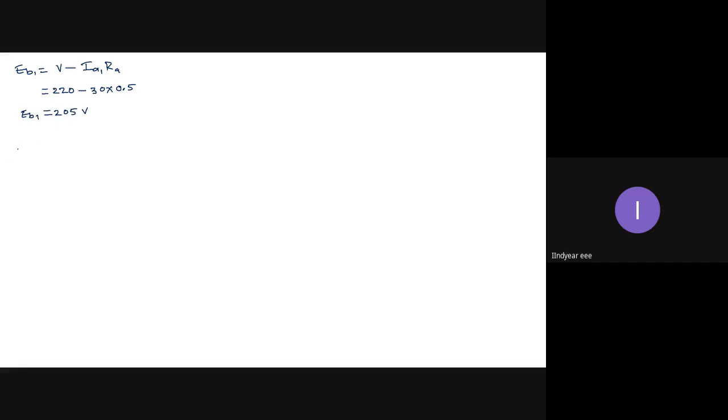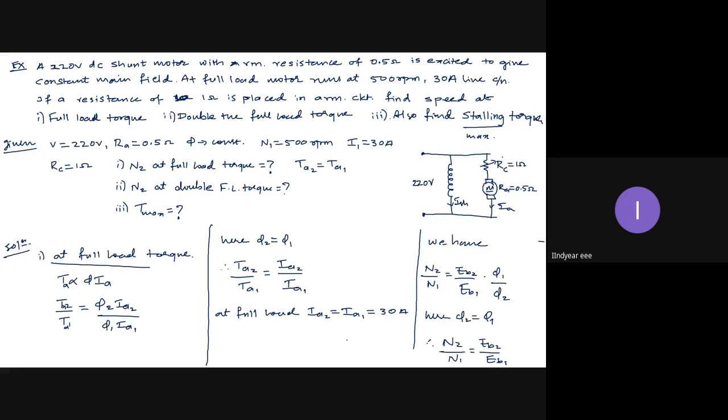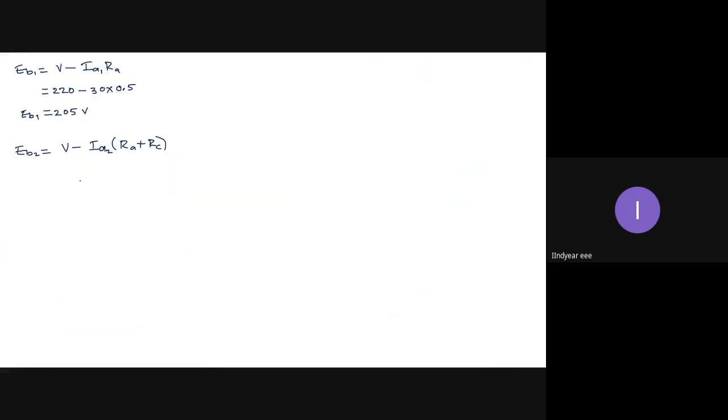Now EB2 is V minus IA2, and now it is not only RA, it is RA plus RC. In the second case at full load, I have included a control resistance of 1 ohm in the armature circuit. So it is RA plus RC.